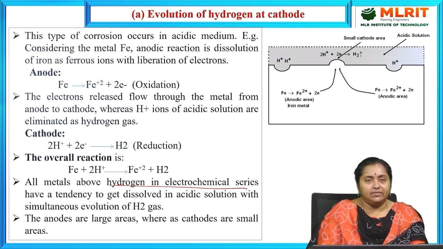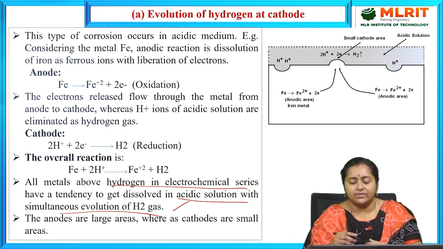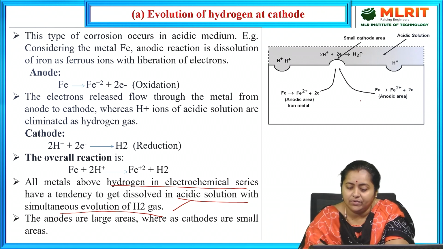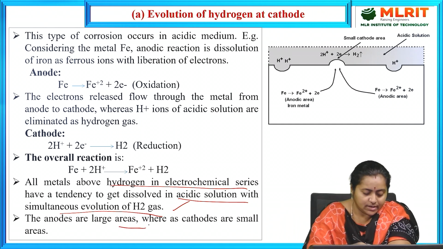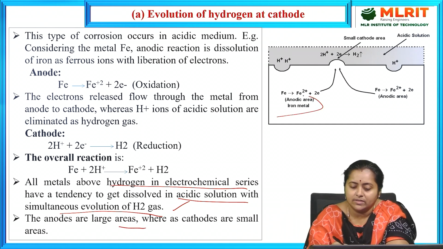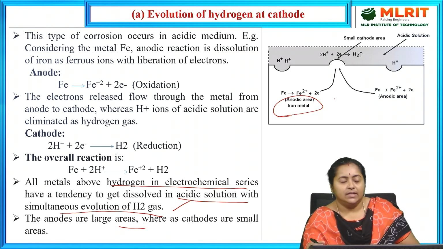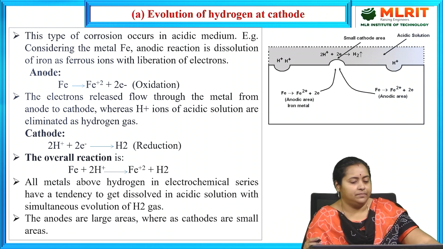Generally they show a tendency to dissolve in acidic solutions, thereby releasing hydrogen gas. If you notice, in the case of the cathode reaction taking place due to evolution of hydrogen gas, the anode area is large and the cathode area is small.